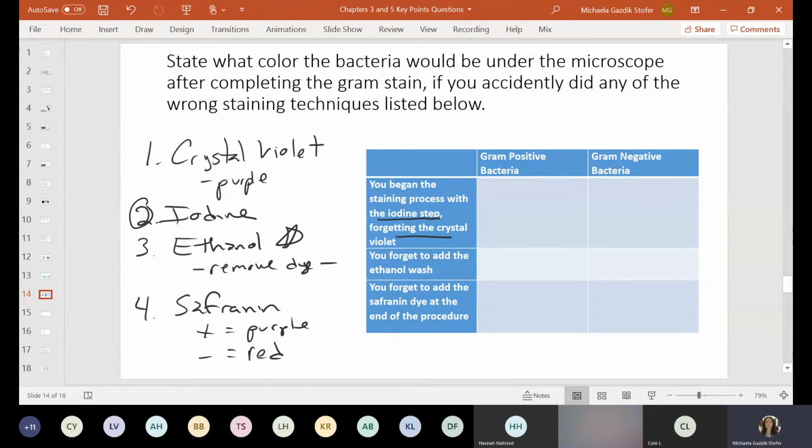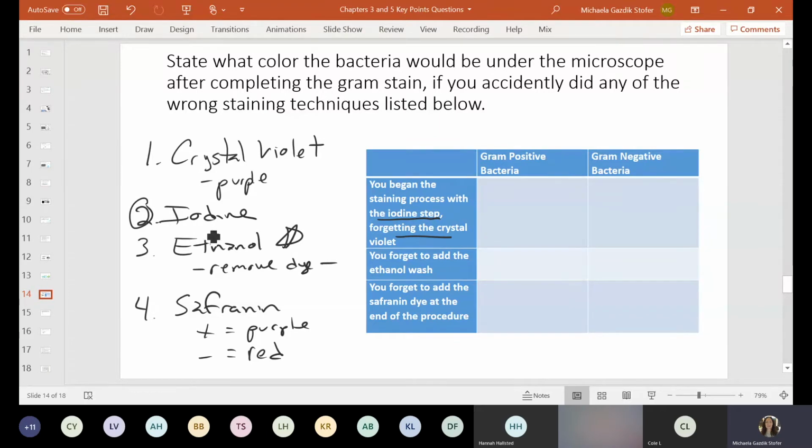That's what's supposed to happen. If we started at iodine, what color would the gram-positive bacteria be? Purple, red, or clear? Okay, I'm getting some mixes of answers. Got some reds, some clears, and purples. Which means we're a little confused on this one.